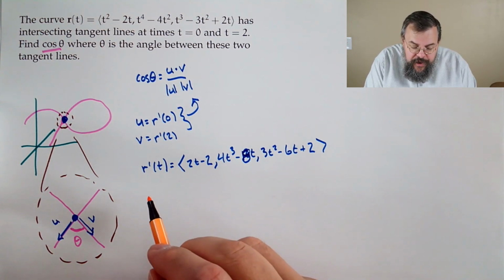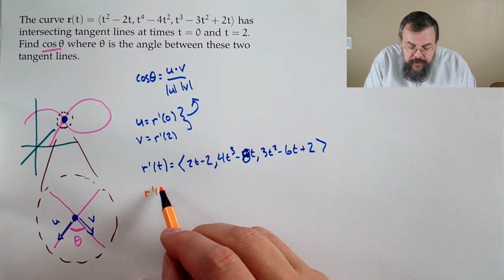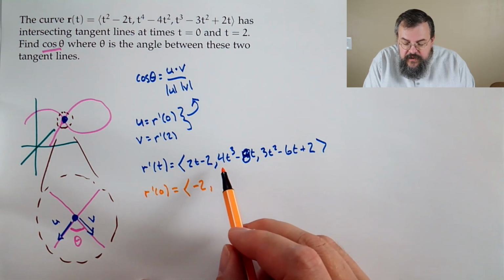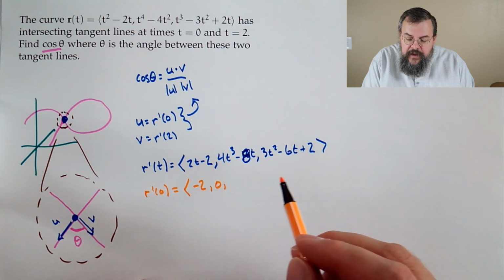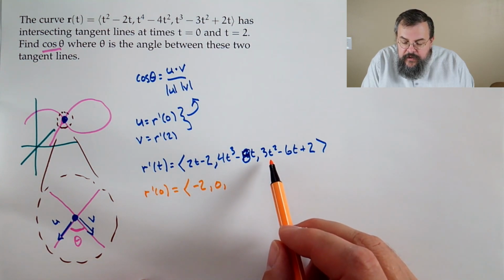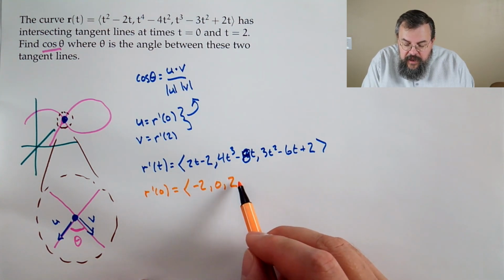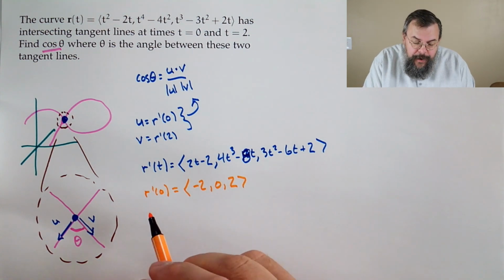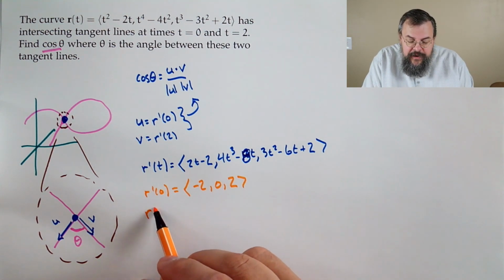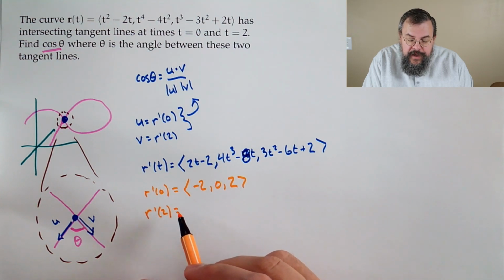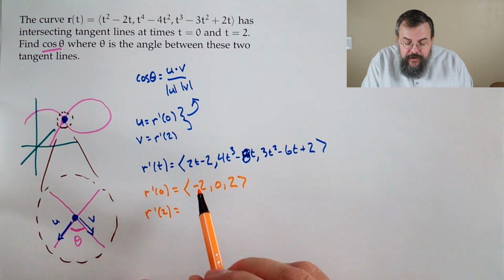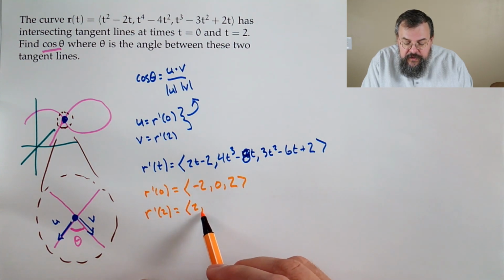So, r prime of 0. Well, plug it in. Minus 2, comma, 0, comma, 2. Okay, that's going to be nice. We got a 0. We're always happy to get 0 involved. Of course, if they'd all been 0, we'd be panicking a little bit, but that's not the case. R prime of 2: 4 minus 2, positive 2.